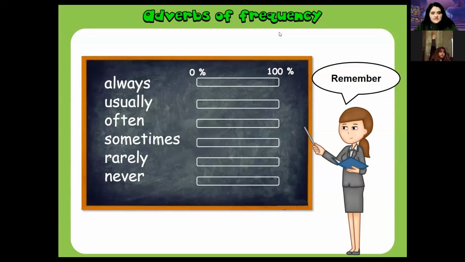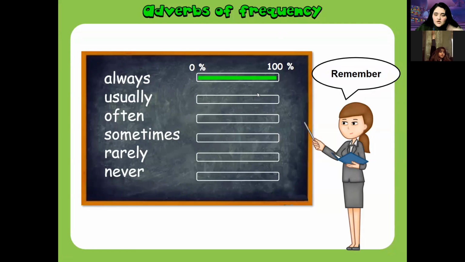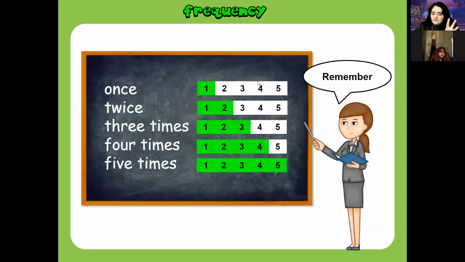The first one, always, is 100%. Usually is like 90%. Often is 50%. Sometimes is 20 or 30%. Rarely is 10%. And never, obviously, is 0.